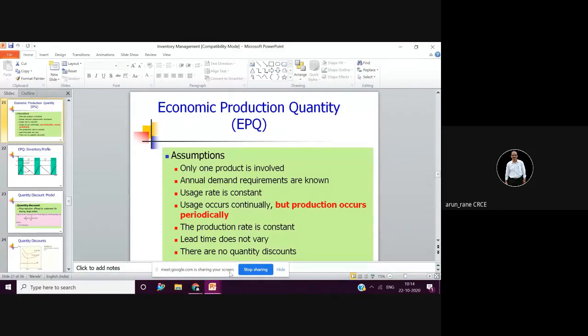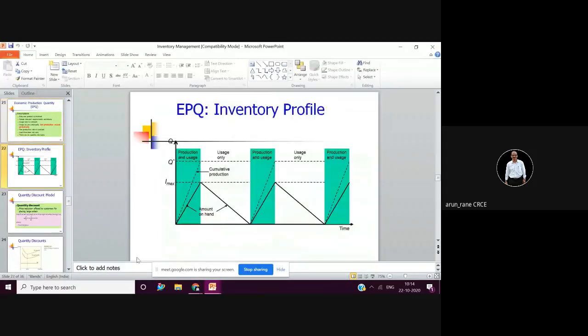Then you also assume that the production rate is constant, that is it is not variable. One day it is producing say 500 cars, another day 300 cars, not like that. It is the same, that is 300 cars per shift. Lead time does not vary. Lead time is nothing but the time from the moment you receive the order till you dispatch, and there are no quantity discounts.